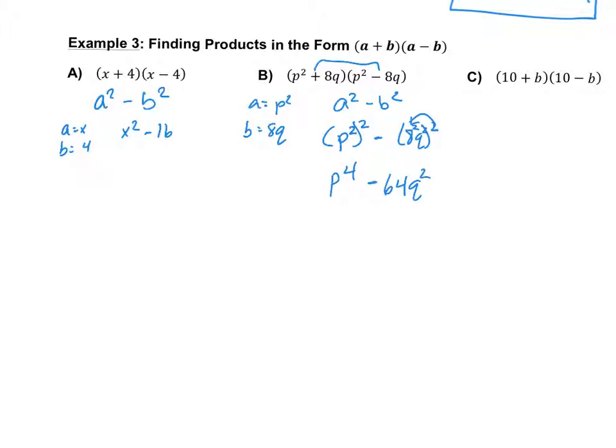And the last one here, my a is 10, b is b, that's confusing, and then a squared minus b squared. So 10 squared minus b squared results in 100 minus b squared, or in standard form you can rewrite that as negative b squared plus 100.